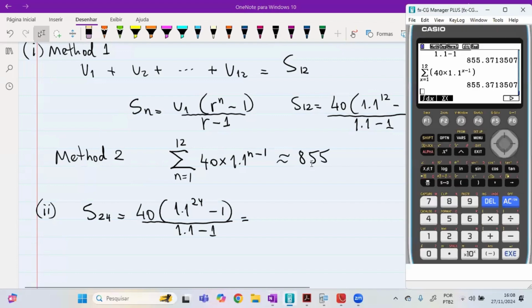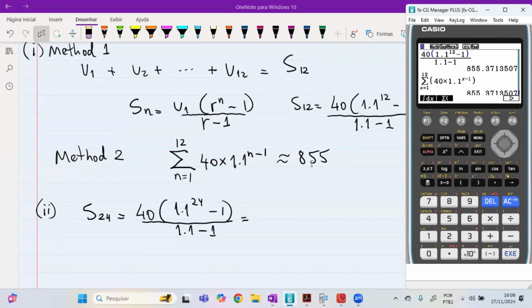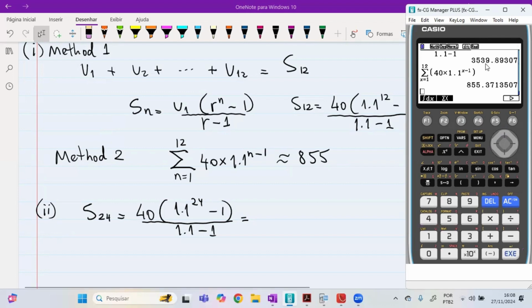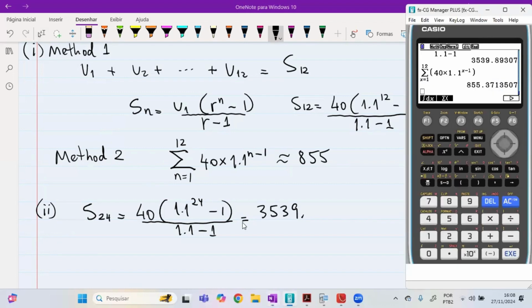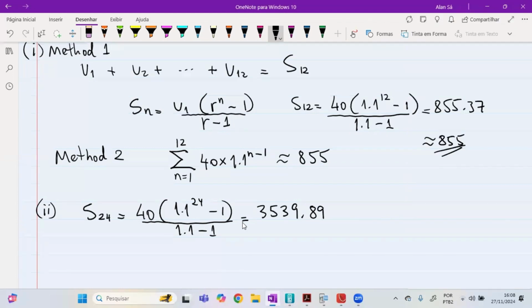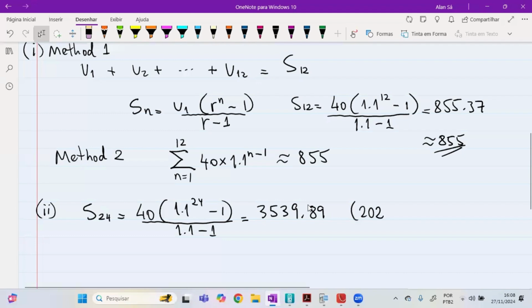So I come here and change the index 12 to 24, and this becomes 3,539.89. But this includes 2025 and 2026.